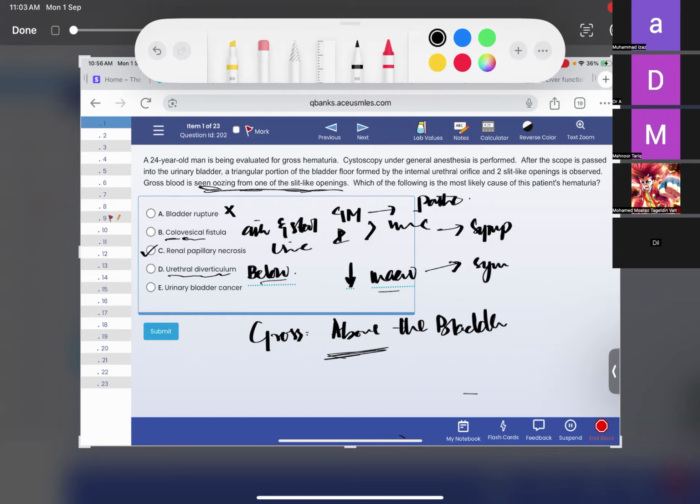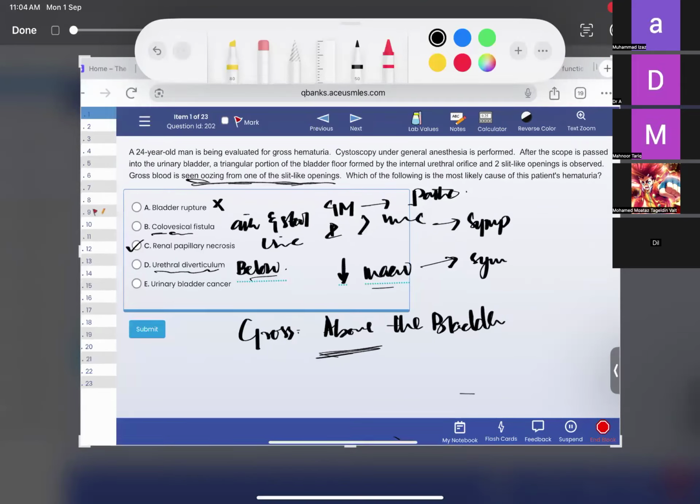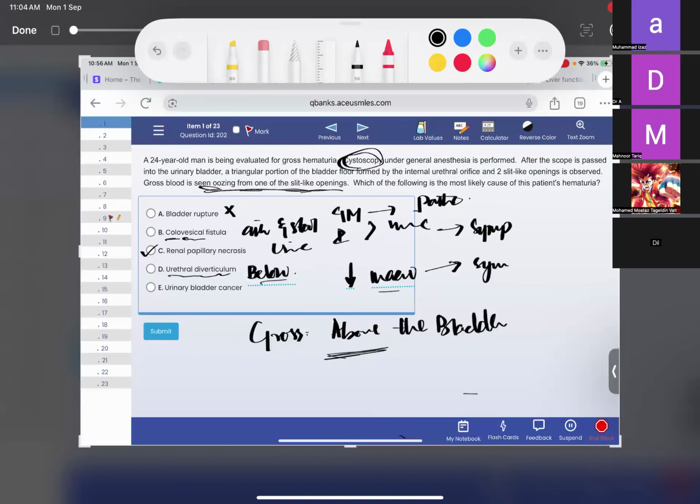Urethral diverticulum is basically an outpouching of the urethra, and it can be visualized when we are performing cystoscopy. They haven't mentioned an outpouching or anything like that, so it can be easily visualized.